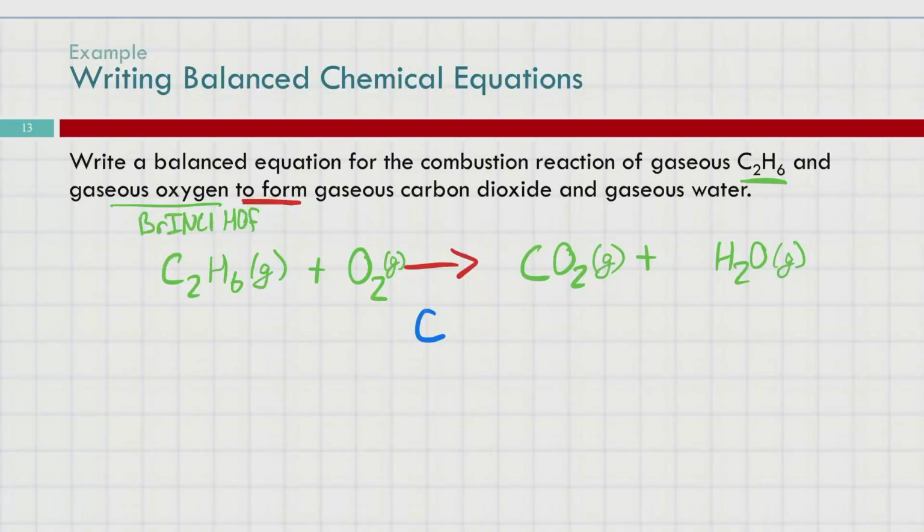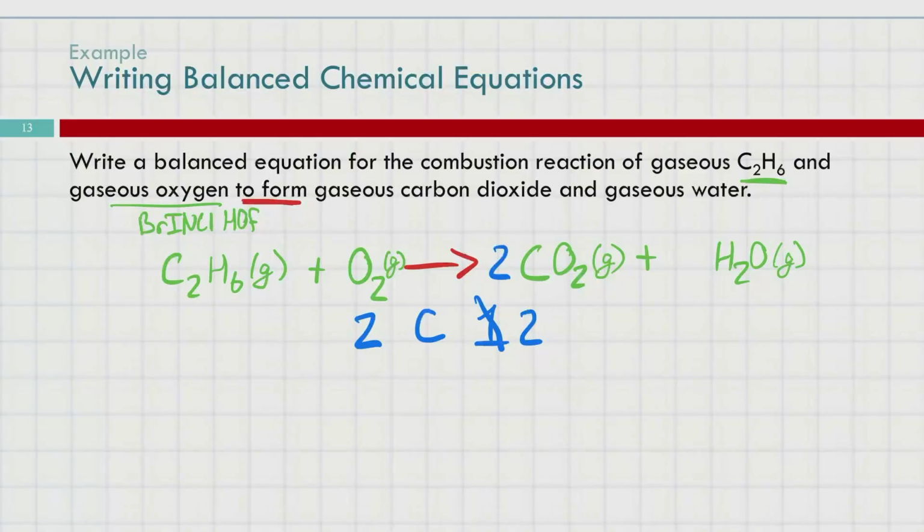So currently, on the left side, on the reactant side, we have 2 carbons. On the product side, we have 1 carbon. We want those numbers to be equal. The way that we can get them to be equal is if we put a coefficient of 2 in front of CO2, now we've got 2 carbons.